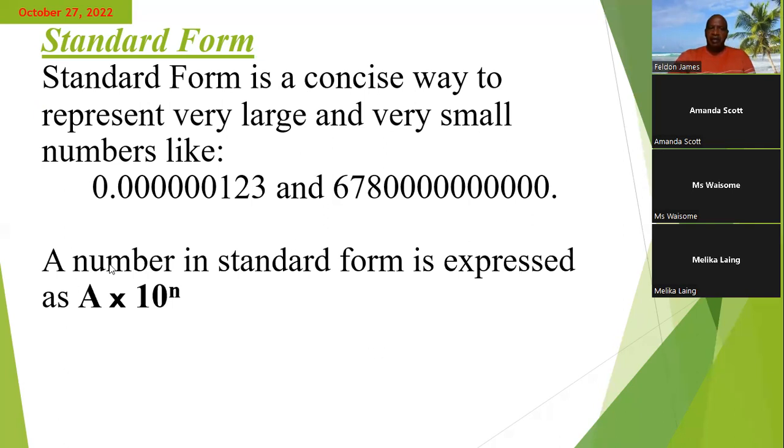All right, so what is it really? Standard form in the general form looks like this. There is some number A times 10 raised to some number N. Once you write any number in standard form, you have a number represented by A times 10 raised to some power N. Let me start off with A. A is a number between 0 and 10.